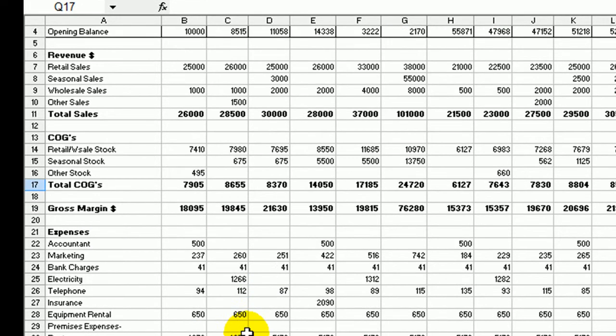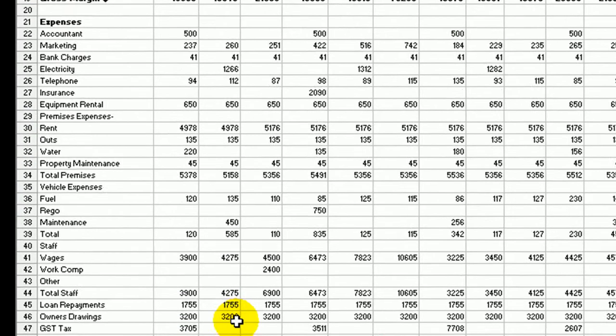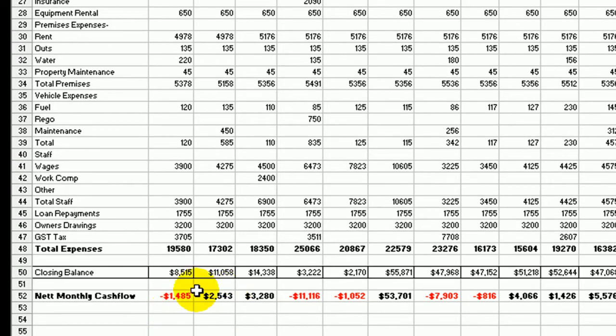Then we've got our expenses, and we go all the way down, and then we've got at the bottom there total expenses and our closing bank balance based on the amount of cash flow or money that we've made. So in this example here we've made $2,543. That now adds to the opening bank account balance, giving us $11,058 in the bank.